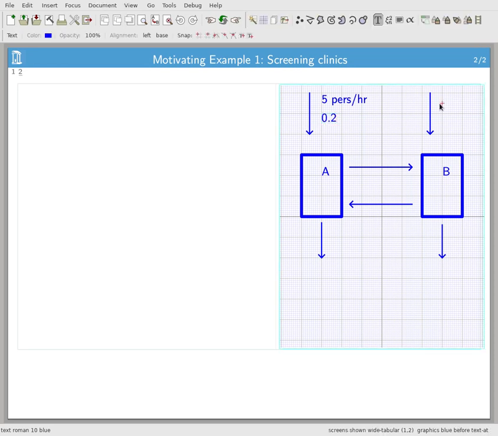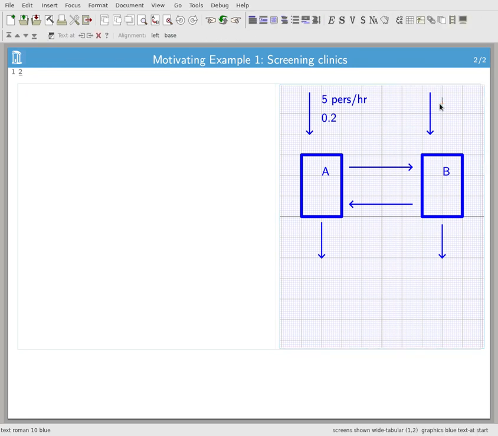Then in the other clinic, we're going to have patients more likely to be infected. Let's say that there's a smaller flux of such patients, only 4 persons per hour, and the probability that they actually are infected is a bit higher, so let's make that 0.5.